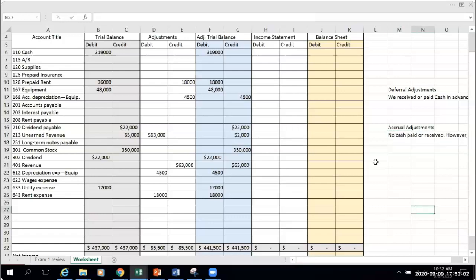An example that I can say is related to that is equipment. When you have equipment, you might say, oh, okay, passage of time. So we use the equipment and now we have to recognize a proper amount of expense.